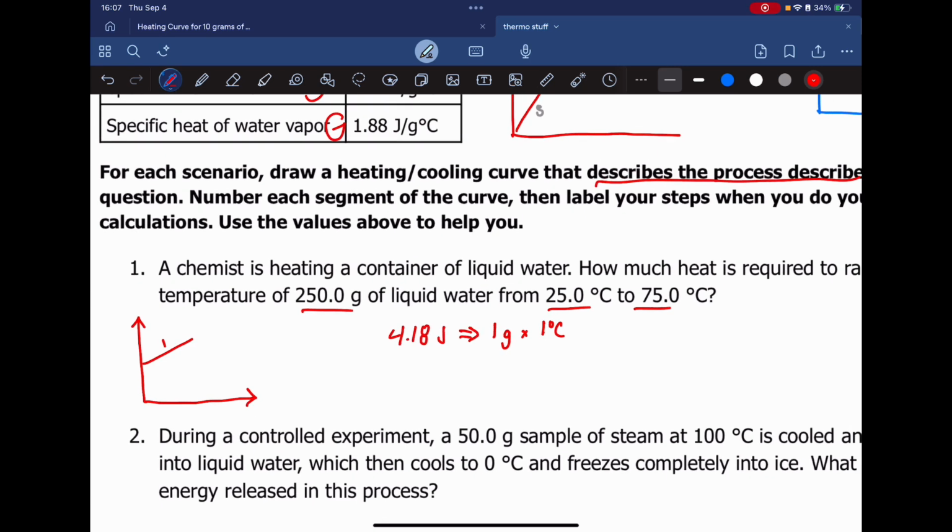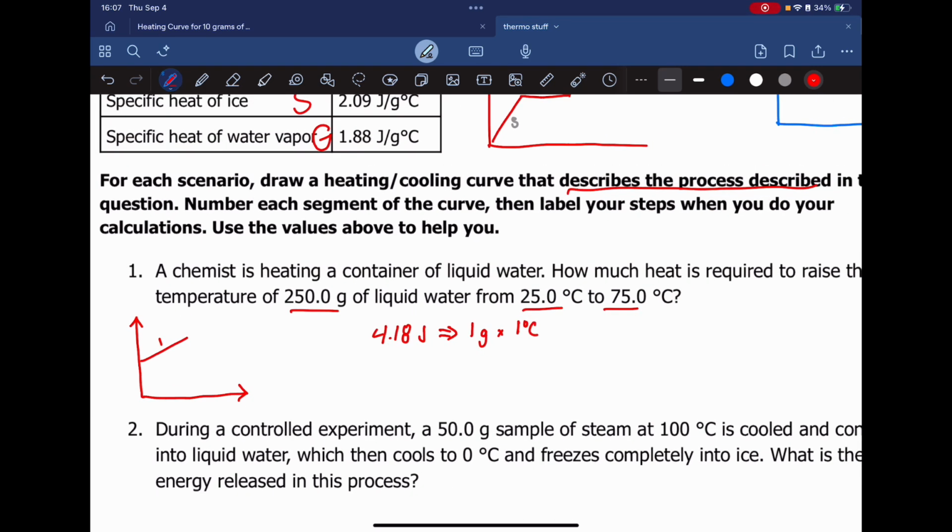But my question is not asking about 1 gram of water heated by 1 degree Celsius. It's asking about 250 grams of water, increasing from 25 to 75, so that's 50 degrees. That's going to be a whole heck of a lot more joules than 4.18, right?